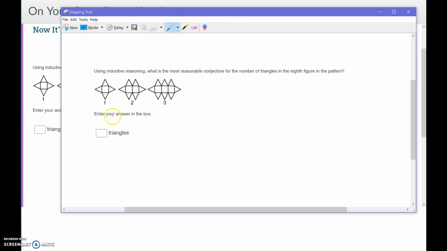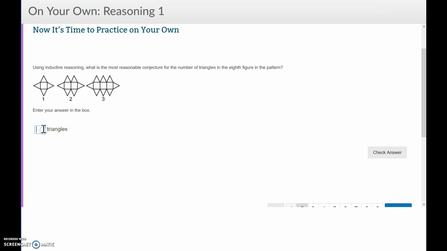There's 4 triangles in the first figure. 1, 2, 3, 4, 5, 6 triangles in the second figure. 1, 2, 3, 4, 5, 6, 7, 8 in the third. So it's going up by 2. So 4 has 10, 5 has 12, 6 has 14, 7 has 16, 8 has 18. So we're going to try 18, see if that works.